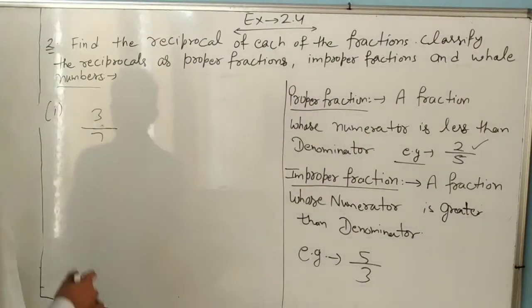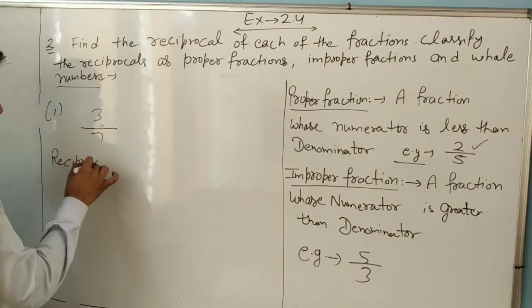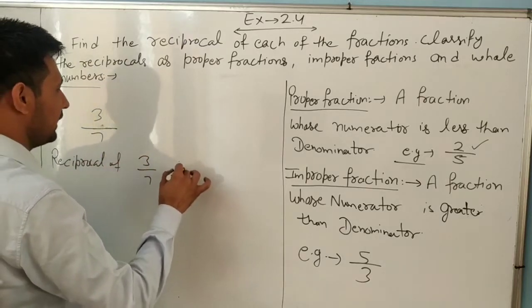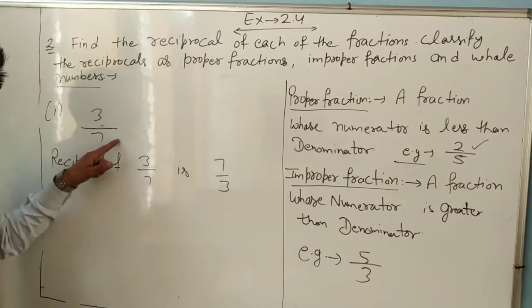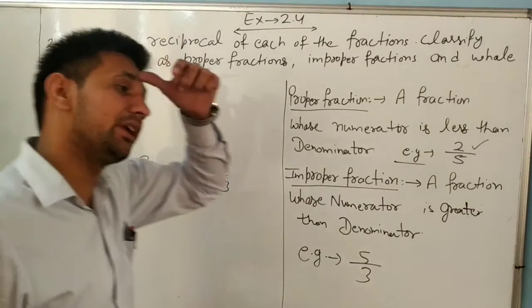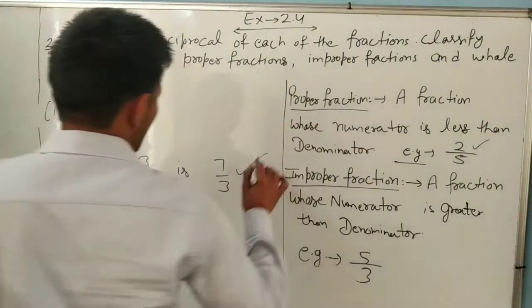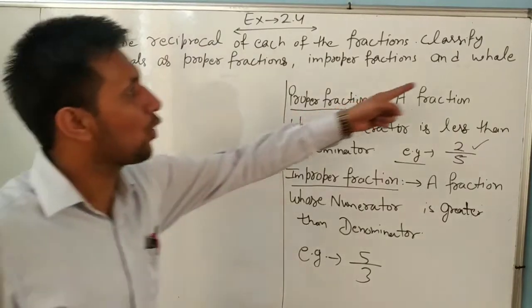So first we will write the reciprocal of 3 upon 7 is 7 upon 3. We change it: numerator becomes denominator, denominator becomes numerator. So 7 upon 3 now. Tell me, is 7 upon 3 a proper fraction, improper fraction or whole number?